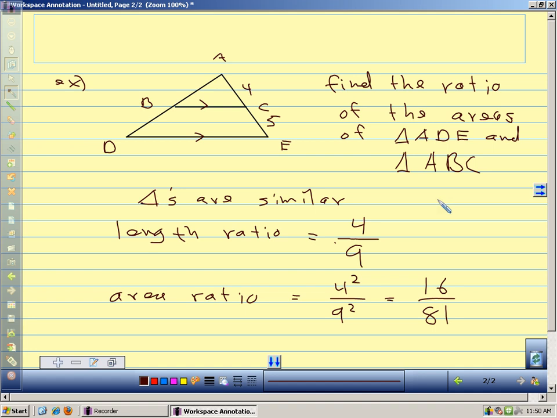Now, we need to figure out how we go the opposite direction. If we have the area ratio, how do you think we go to the length ratio? Square root it. The area ratio is squared. To undo the square, we square root it. So let's write that down real quick and then we'll do an example.